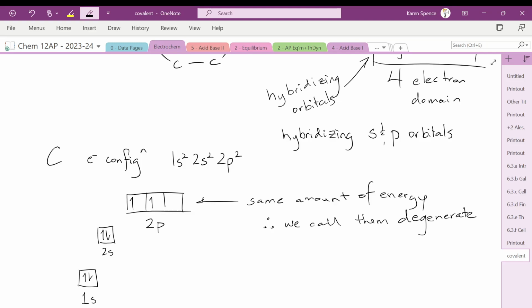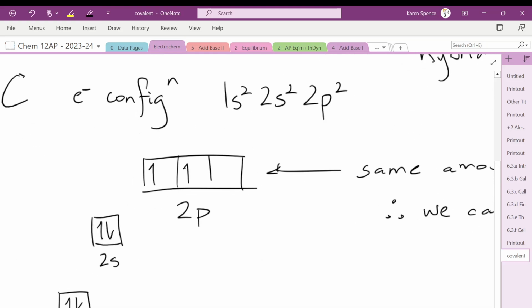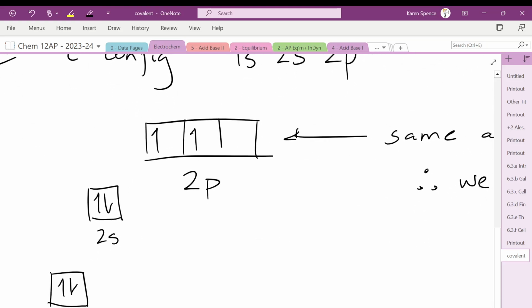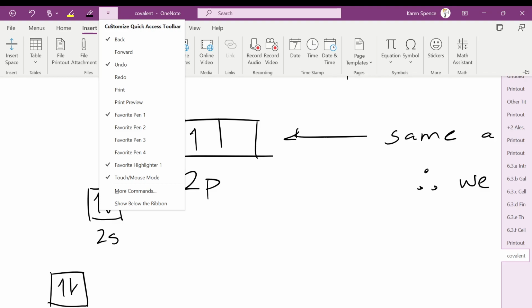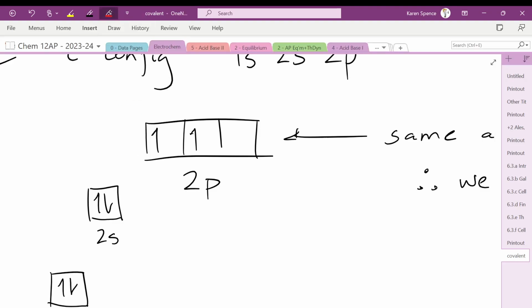Now, why do atoms bond? What are they trying to do? They're trying to fill their subshell. So according to this, what would carbon need? It would need 4 electrons, but how well would that work out for it?